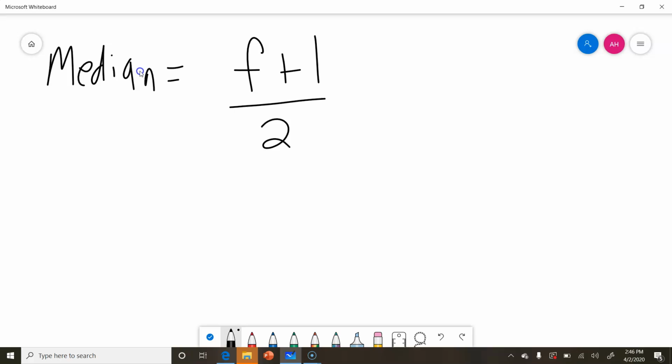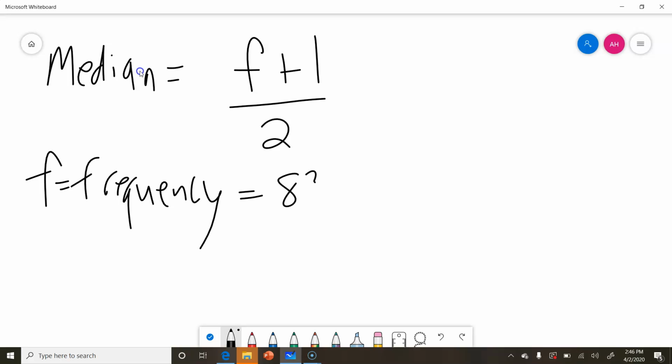So f stands for frequency. If you're looking down at your notes, what was the frequency on our last problem? It was 83. If you're still following along, this is now page 407.